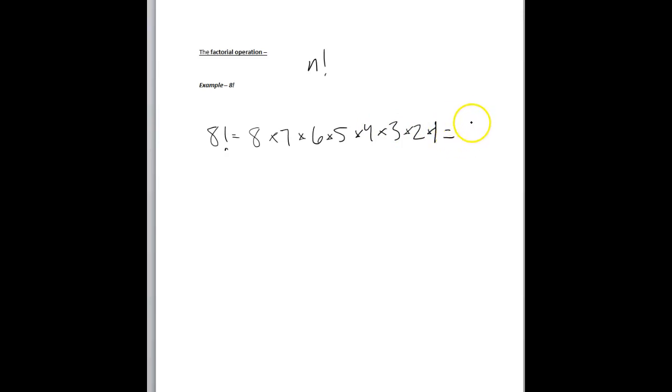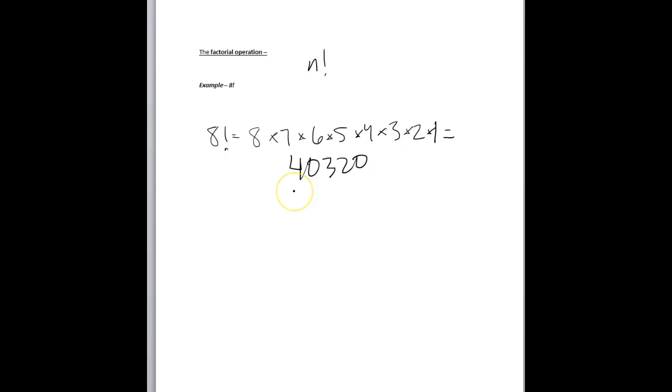And that just equals, and when we multiply all of those out, we get 40,320. Okay, so that is our example for the factorial operation.